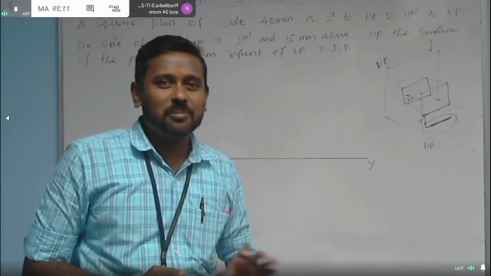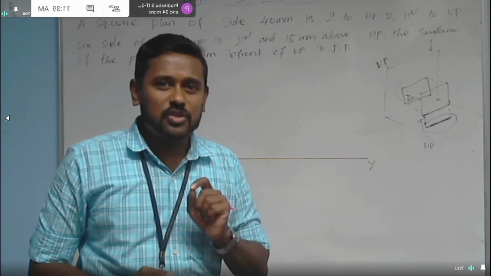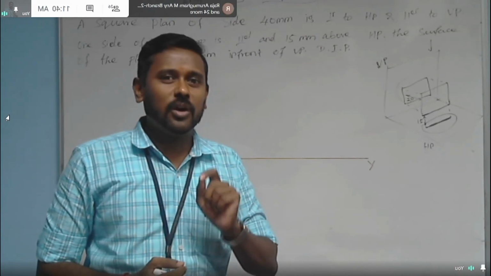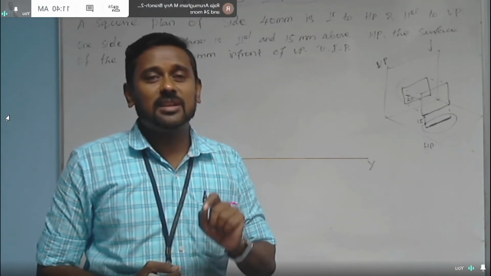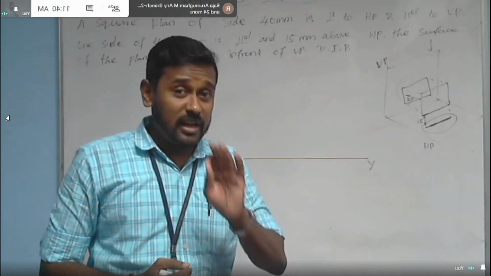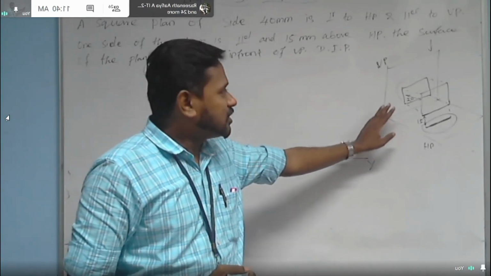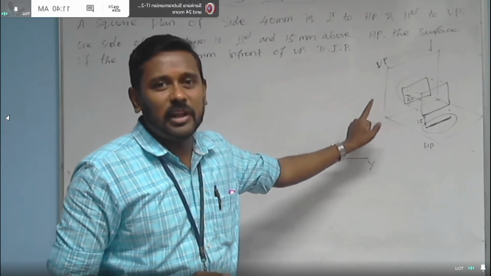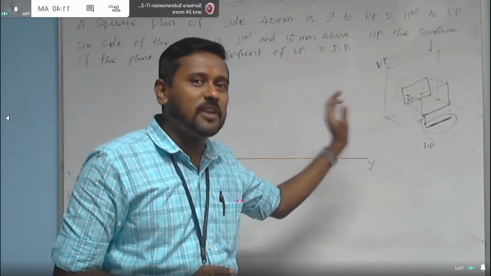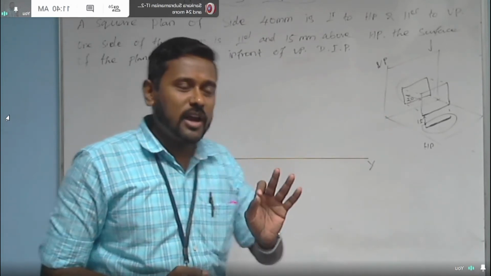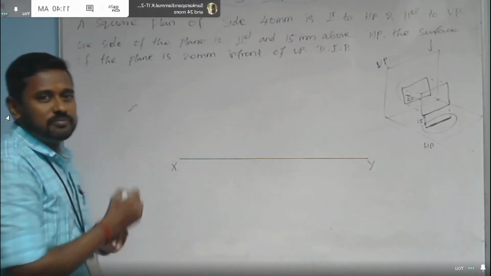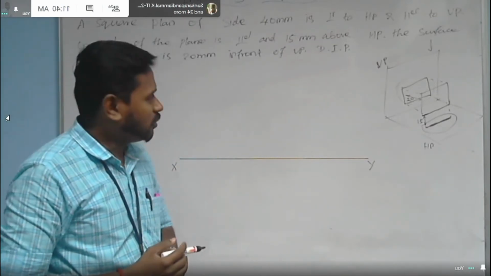This is a very important question. You need to start in the view where you get the shape of the base of the plane. In this problem, the square base of the given plane is obtained only in the front view. So you need to start your answer from the front view.